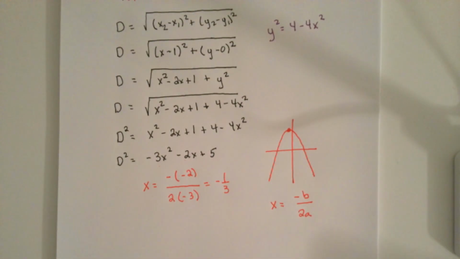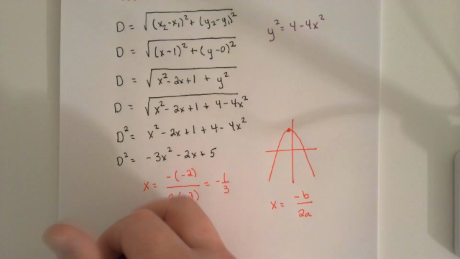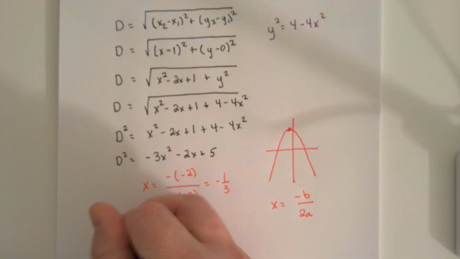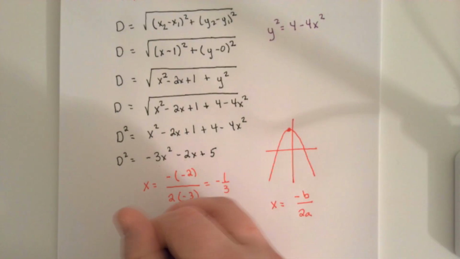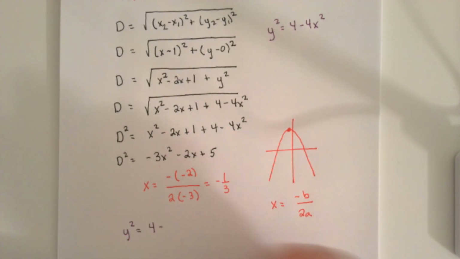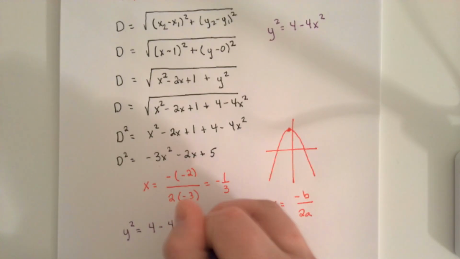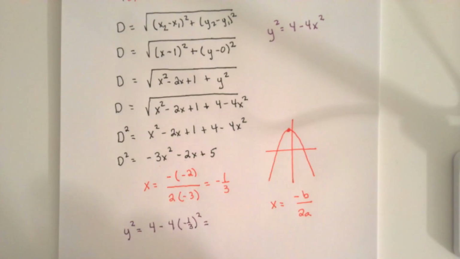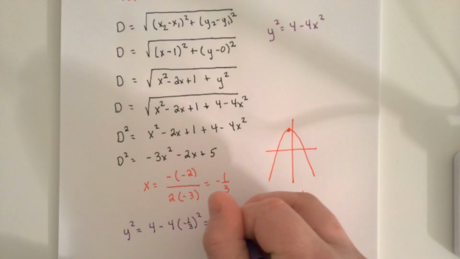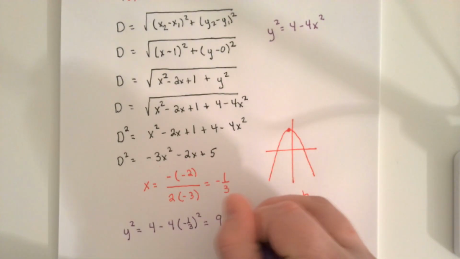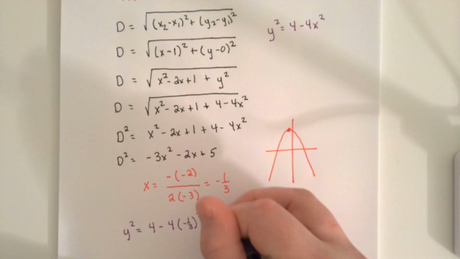So what we would get then is that y squared is equal to 4 minus 4 times negative 1/3 squared, which is equal to 4 minus 4/9. I messed up, sorry, 4.